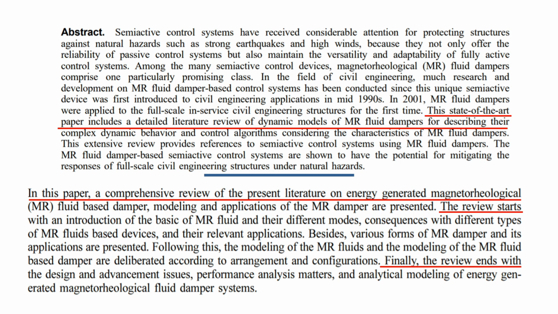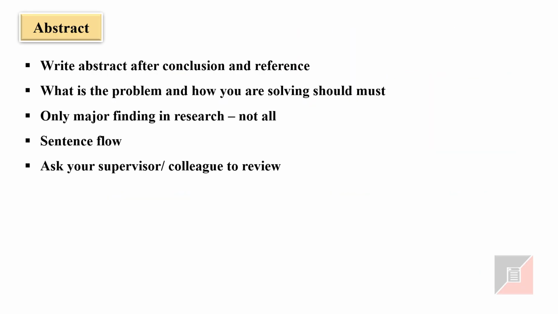So that is the advice I share with many researchers: don't write the abstract at the start. Write the abstract last, after the conclusion and references. Why? Because when you are writing the whole article, many people start with the title and abstract, and then go to the body of the article.